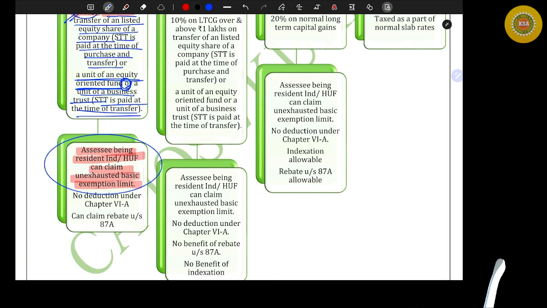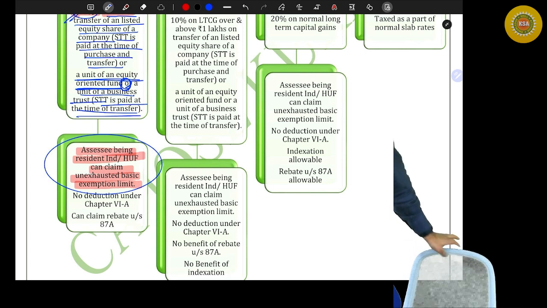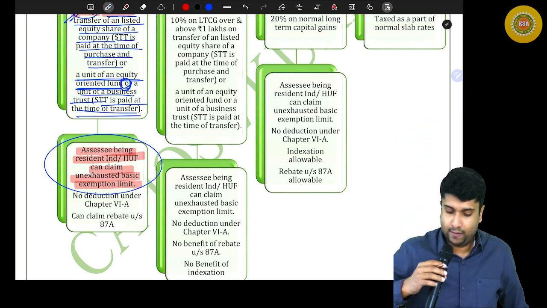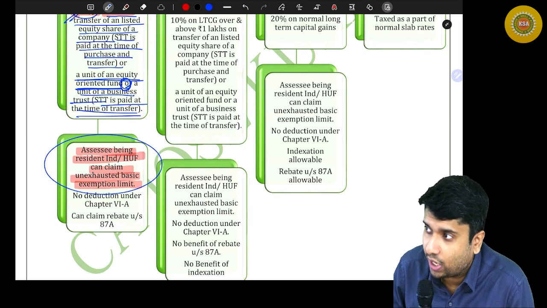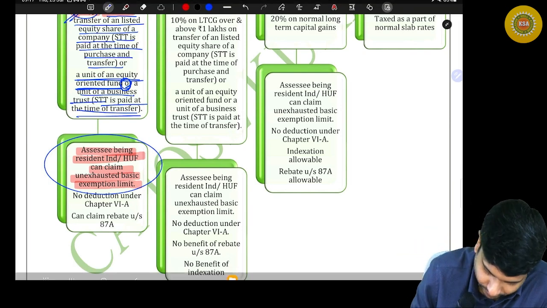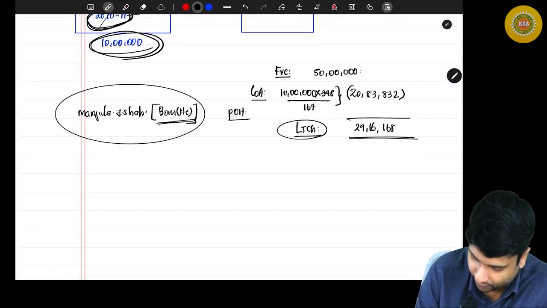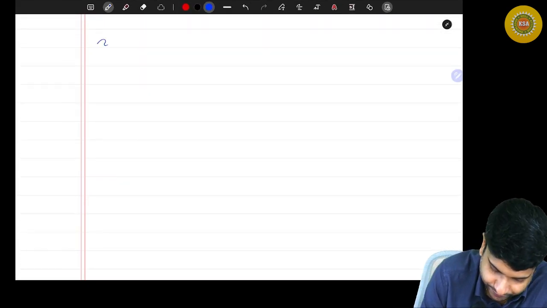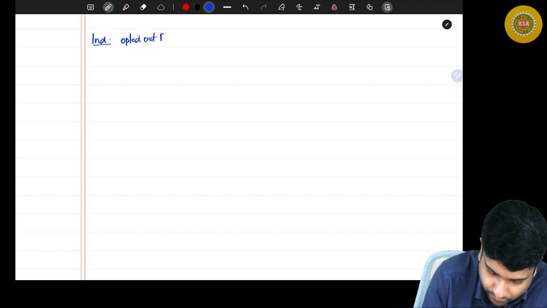I'll give you an example to understand what exactly this unexhausted basic exemption limit is. Are you all listening? Say for example, friends, I am an individual opted out from 115BAC.